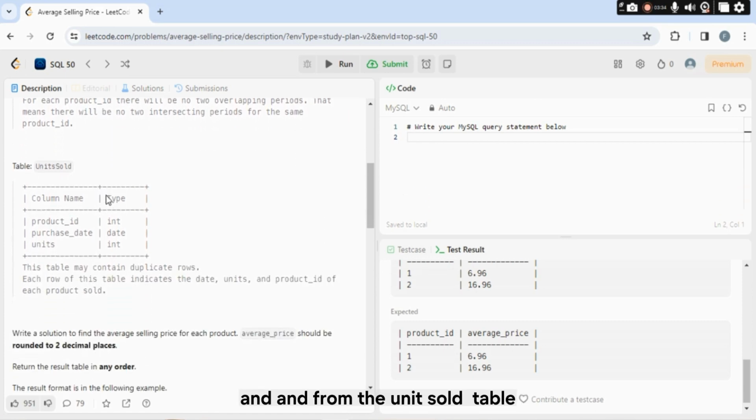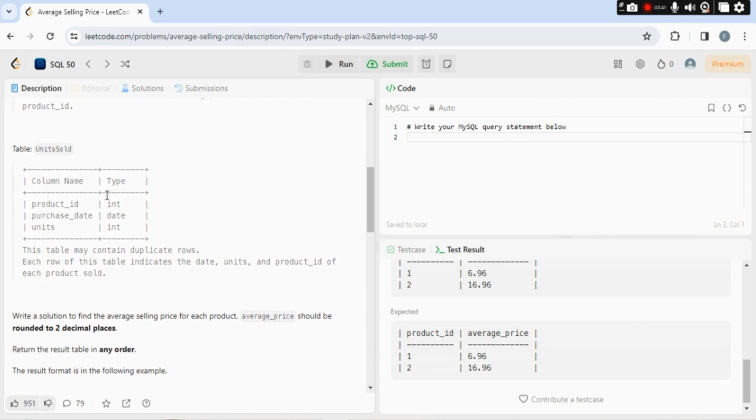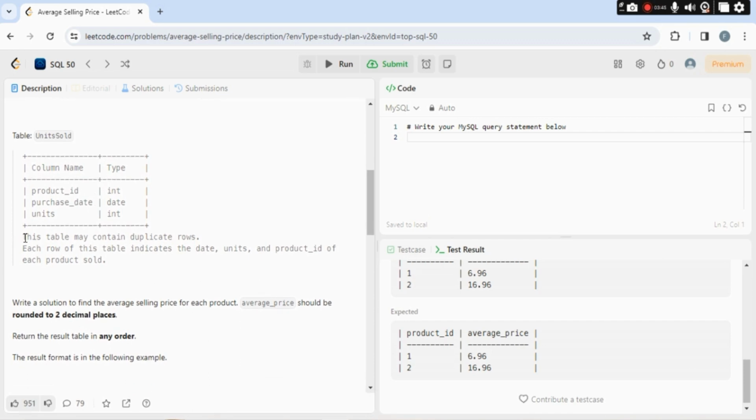And from the UnitsSold table, we can see that this table may contain duplicate rows, and each row of this table indicates the date, units, and product ID of each product sold.